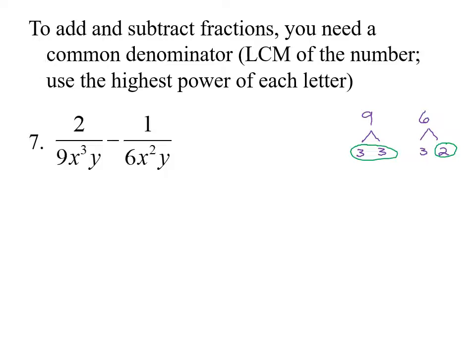If you did 3 times 3, that's 9 times 2. These two together give you 18. That's one way to do it. Or you could just think about what number does 9 and 6 both go into, whichever one you want to do. So I'm going to rewrite these fractions to have a 18 on the bottom.